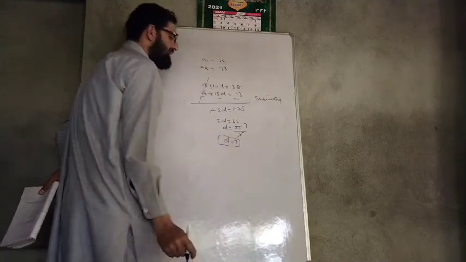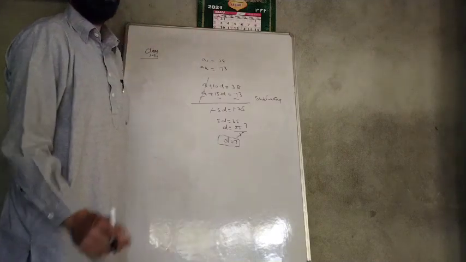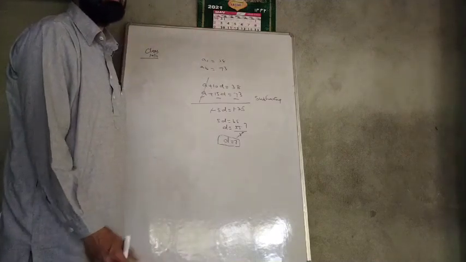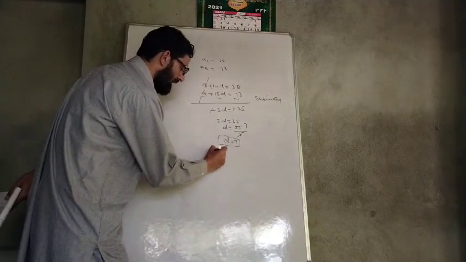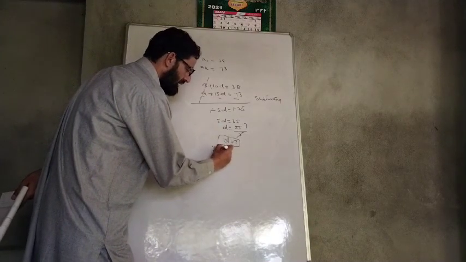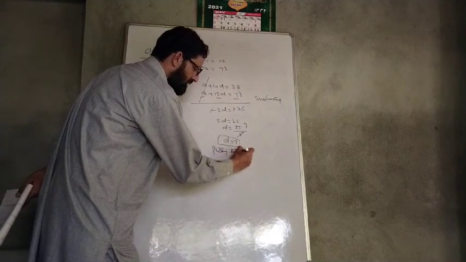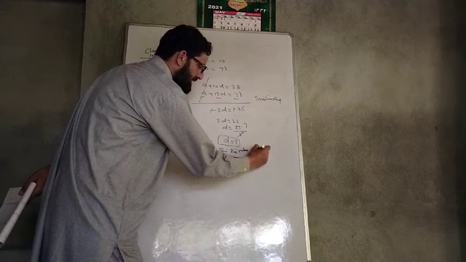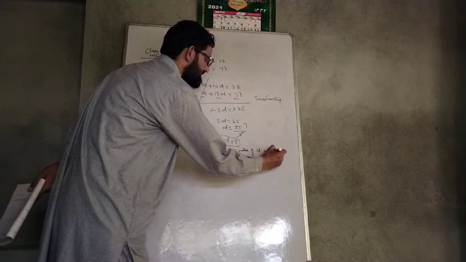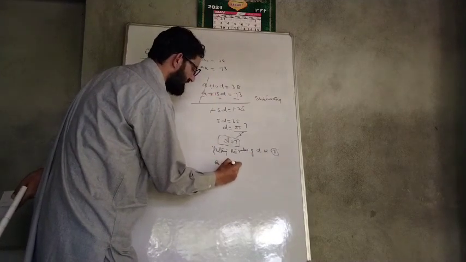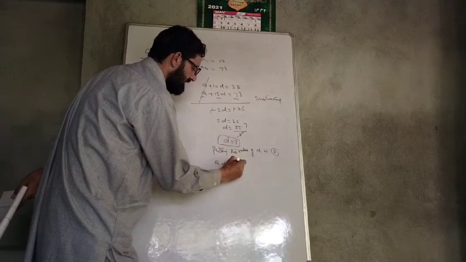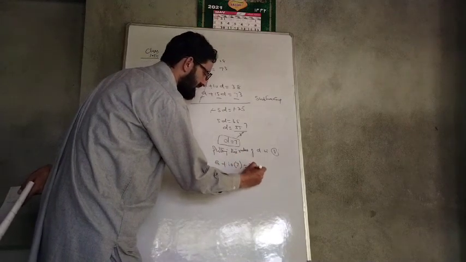Now we need to find a. Once you know a and d, you can find any term of an AP. So putting the value of d in equation first, what is equation first? It is a plus 10d, where d is 7, equal to 38.